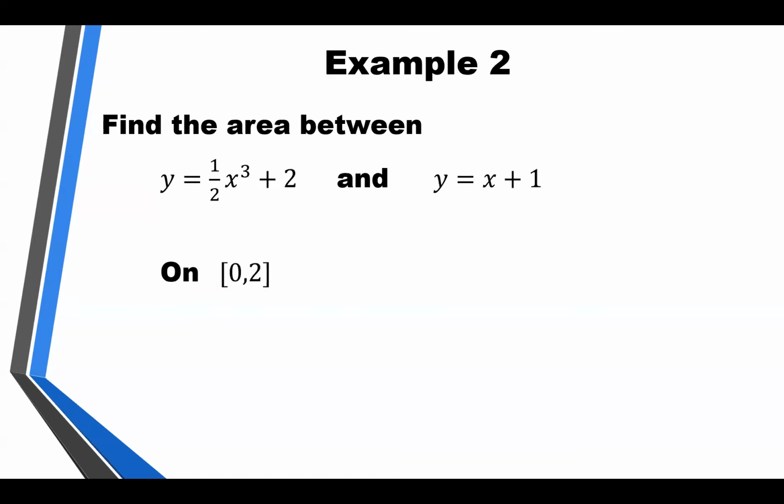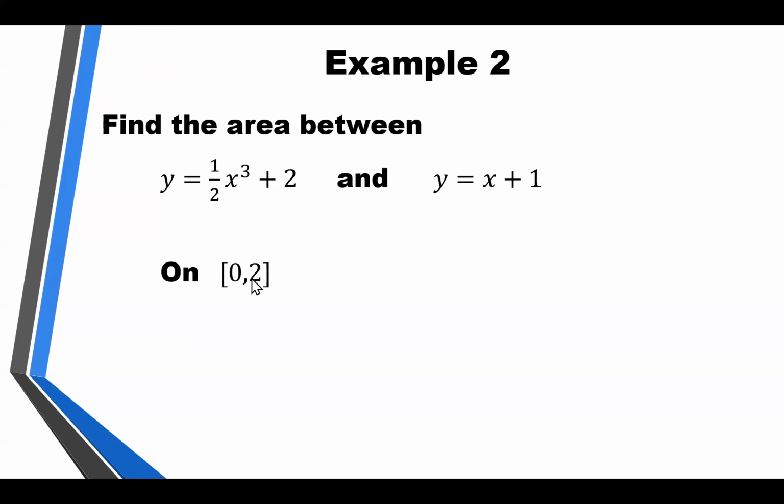Let's try another example. We're going to find the area between y equals 1/2 x to the third plus 2 and y equals x plus 1 on the closed interval between 0 and 2. Now, when we say on the closed interval between 0 and 2, all we're saying is from x value of 0 to x value of 2.